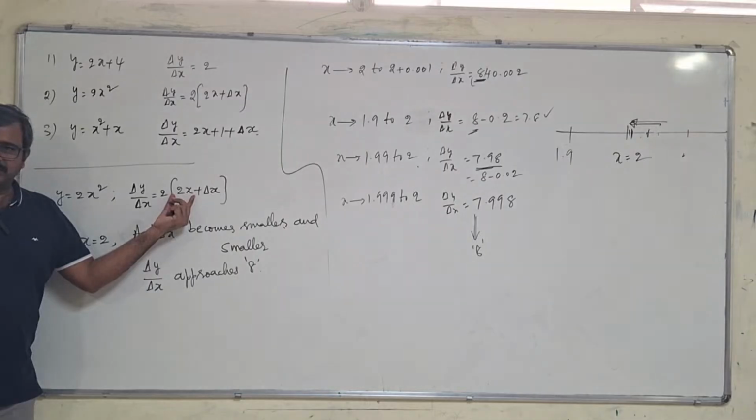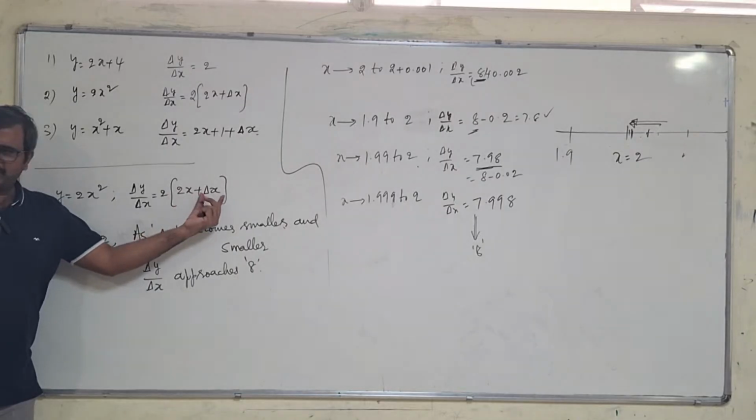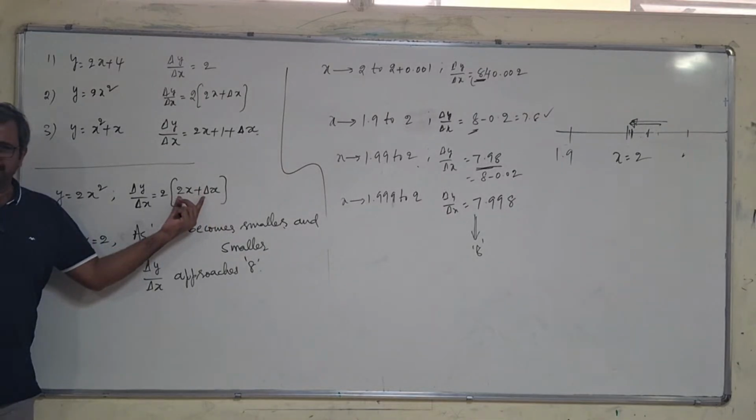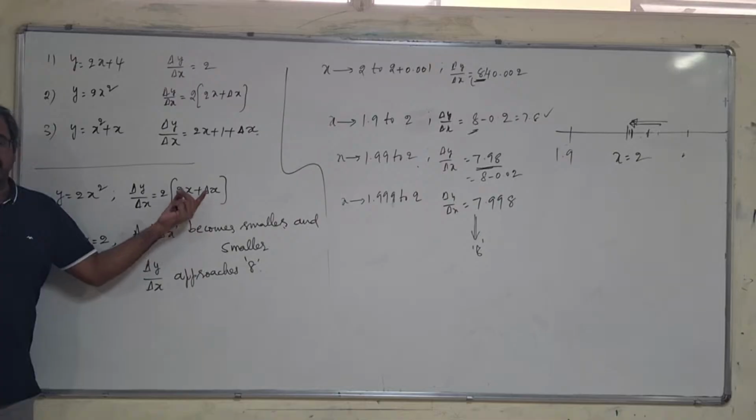Addition. If this is 1 lakh rupees and this is 1 rupee, you shouldn't neglect it in multiplication. You understand what I'm saying? It's addition. When you add 1 rupee to 1 lakh rupee, can I neglect that 1 rupee or not?